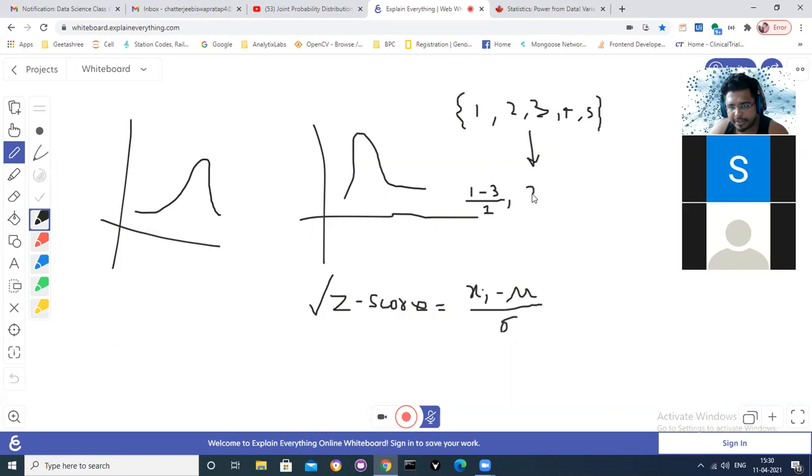Similarly, the second point, (2 minus 3) divided by the standard deviation. Then (3 minus 3) divided by the standard deviation, (4 minus 3) divided by the standard deviation, and (5 minus 3) divided by the standard deviation.